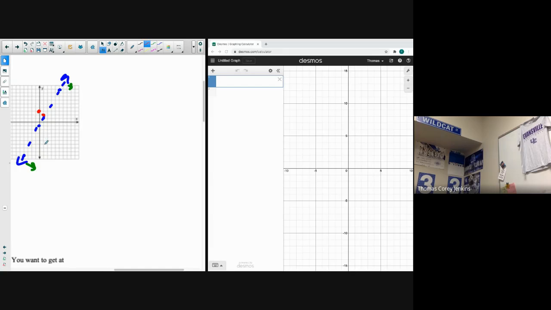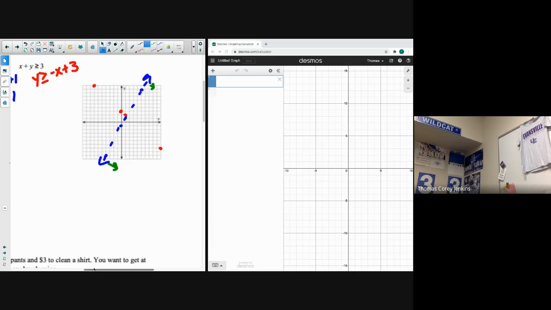This boundary line is going to be a solid boundary line. And greater than means we shade on the high side, or the northeast side in this case.